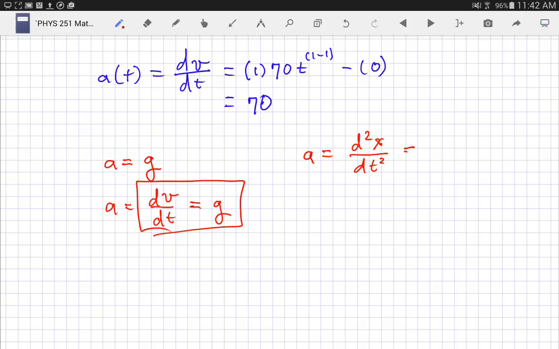By the way, here's a shortcut way of writing the second derivative with respect to time. Here's a shortcut way of writing the first derivative with respect to time. When you put a dot over the variable, it means the derivative with respect to time. Now, in your calculus class, you probably learned things like y prime.